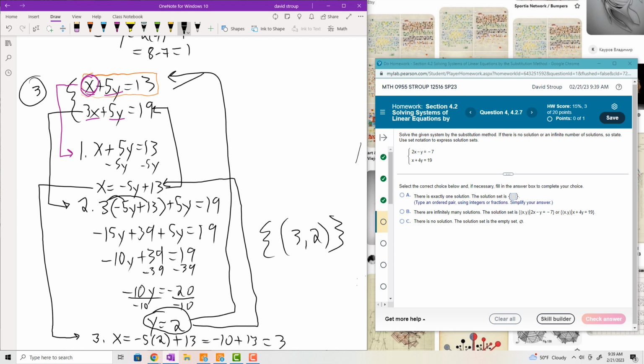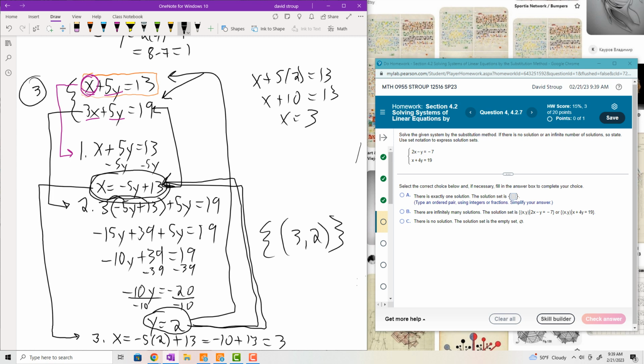If you did that, you would have in the first equation x plus 5 times 2 equals 13, so x plus 10 equals 13, so x would be 3. The problem is it just takes a little bit more work. It's more direct if you take the y equals 2 and put it directly into the equation that you found in step 1. In my experience, that's much quicker and less of a headache.